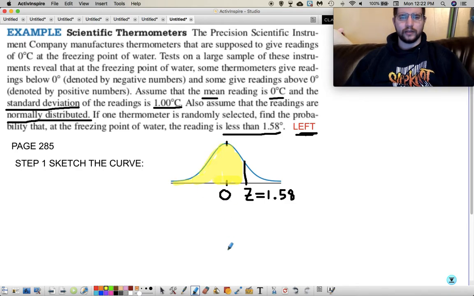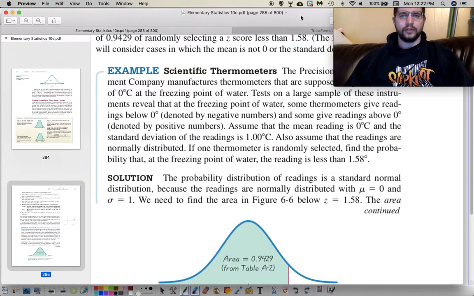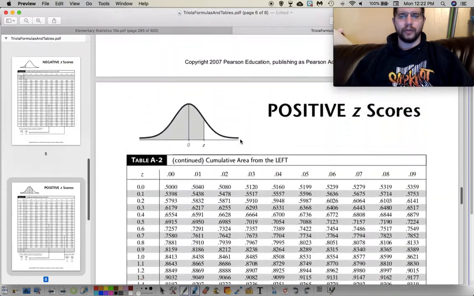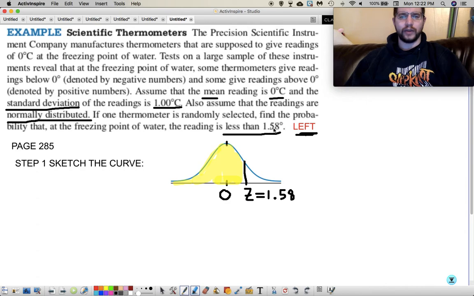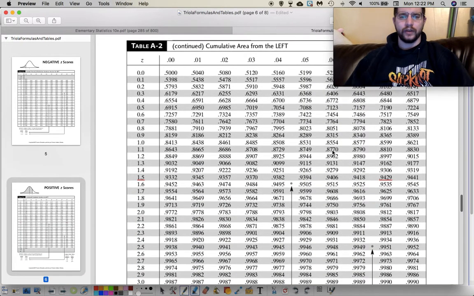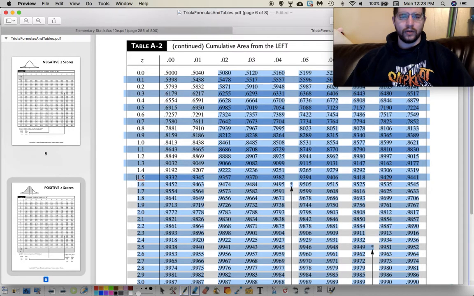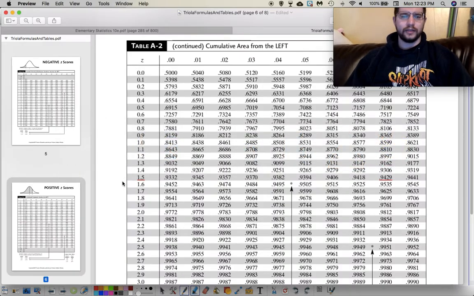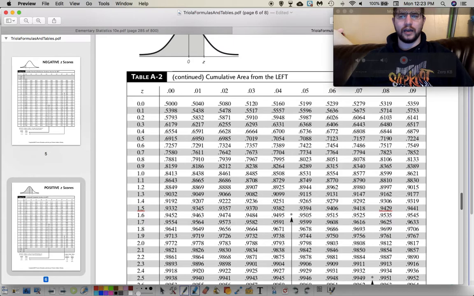And that's our curve. The first way I'm going to show you how to do it is with the chart. If we go to our negative z-scores or positive z-scores, let's see. Well, it's a positive 1.58, so we're going to go to the positive z-scores. We're going to look right here, 1.5. It's 1.58. The first two digits are on the left. Look at the top.